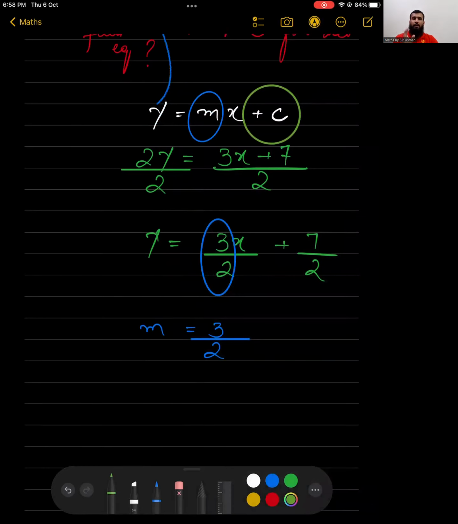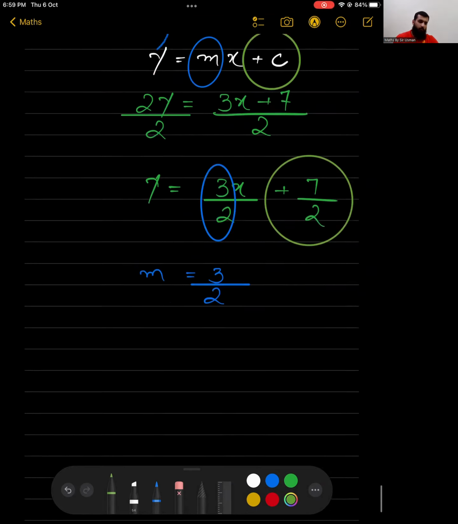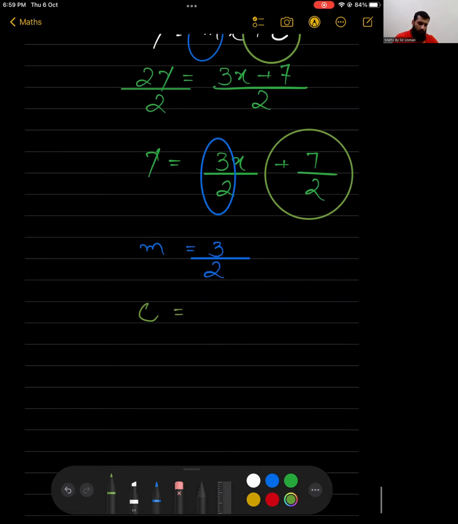Anything which is being added or subtracted with x is going to be your y-intercept. तो यहाँ पर क्या है वो value 7/2. The value turns out to be 7/2. तो आपने सबसे पहले क्या करना है, आपने y को subject बनाना है. Once you are done with making y as the subject, फिर आप compare करोगे m और c की values को और अपने answers निकाल लोगे.